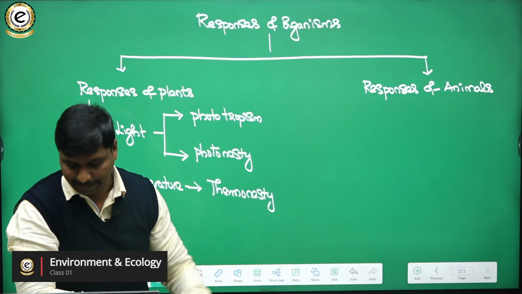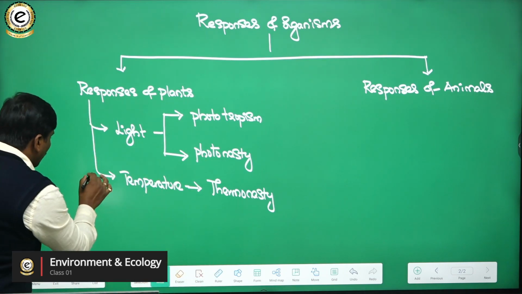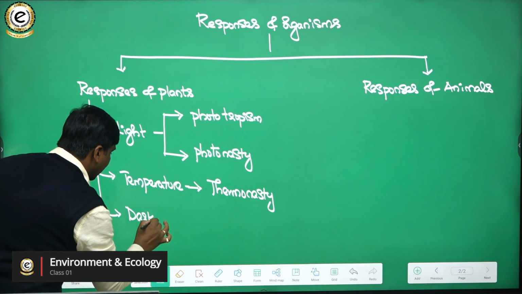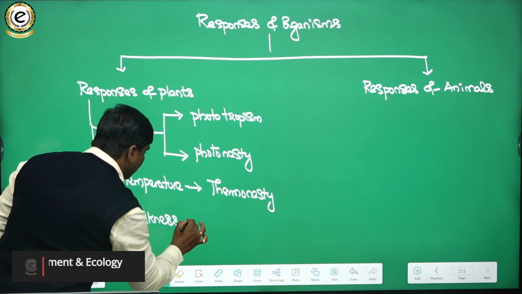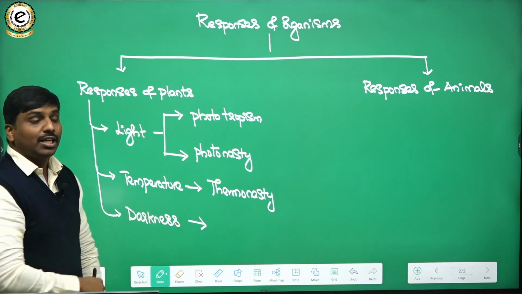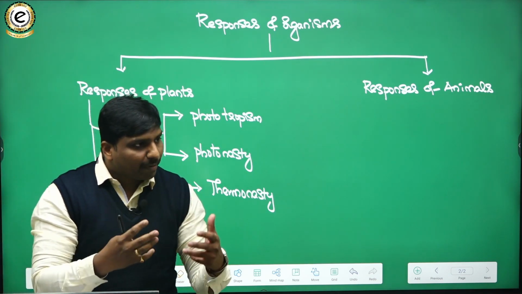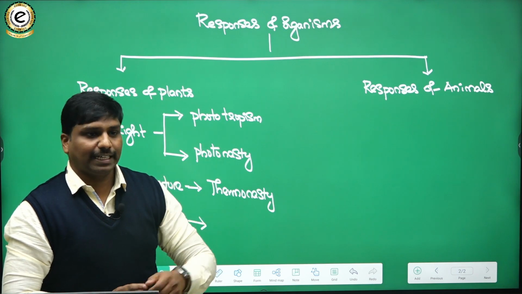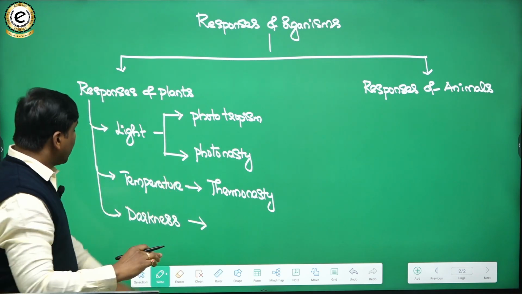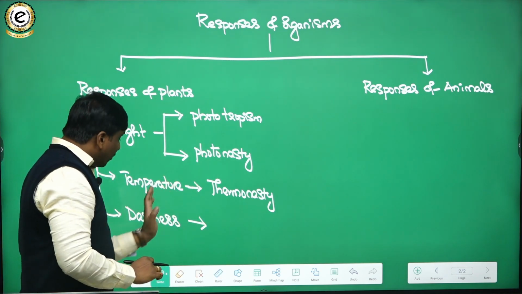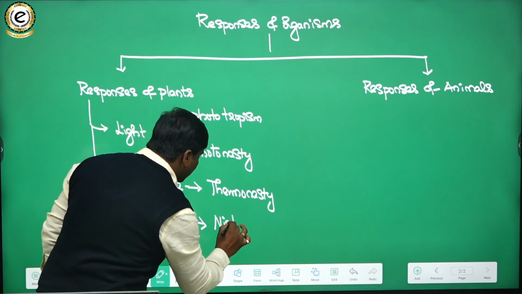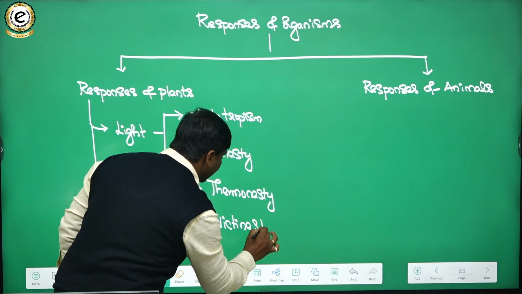Apart from this, we can also have darkness as the stimulus. For darkness, some plants, like some leguminous plants, show responses. The response of plants to darkness as the stimulus is nictinasty.